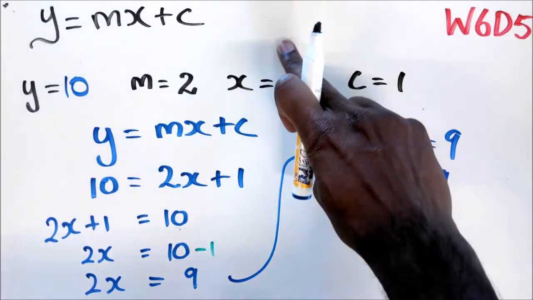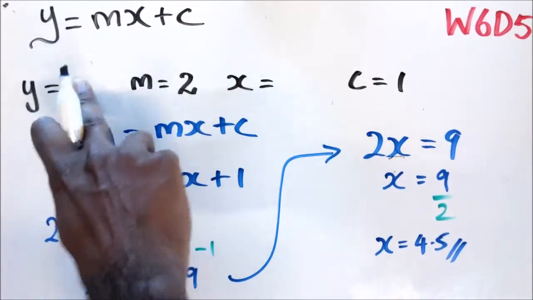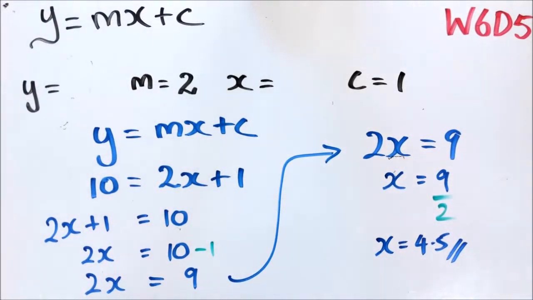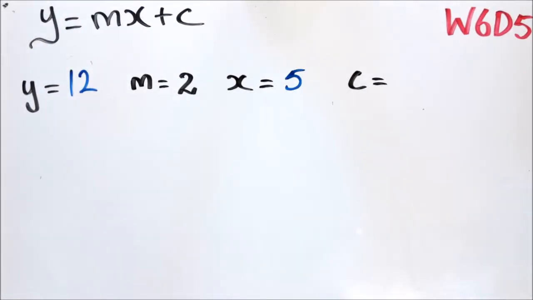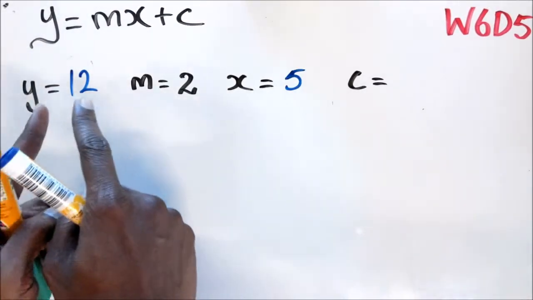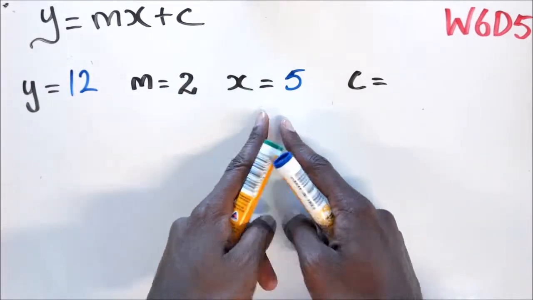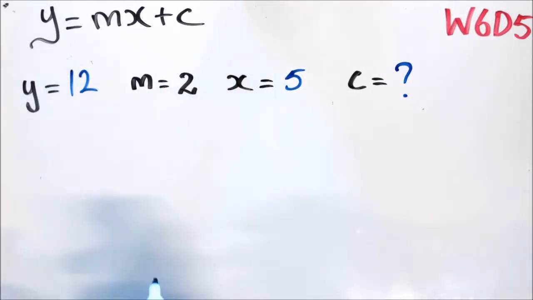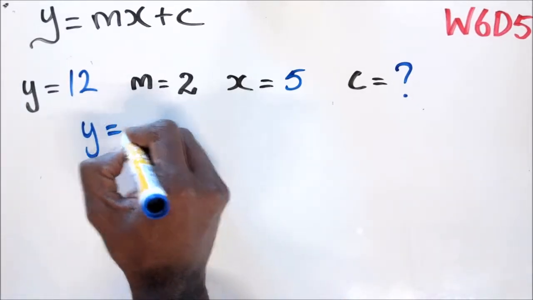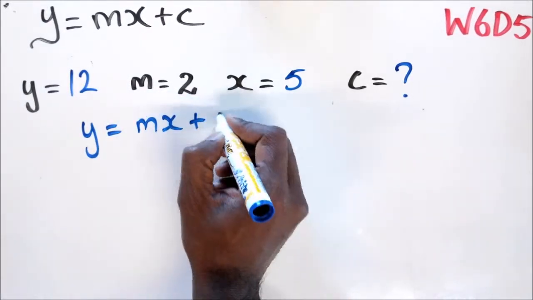Okay, what about c? Let's do this again. What if y was 12, m was 2, x equals 5, and we've got to figure out what c is. We write the equation as it is: y equals mx plus c.